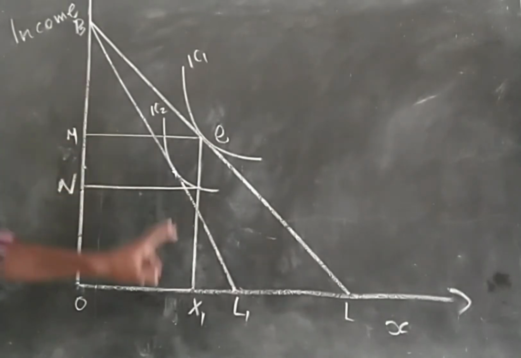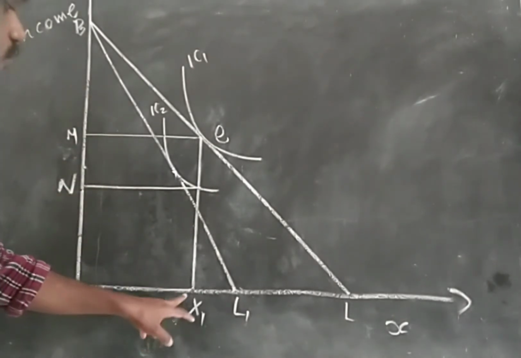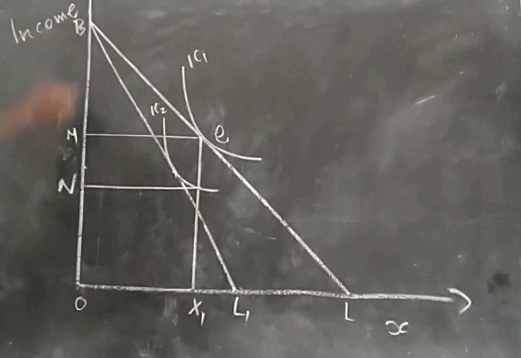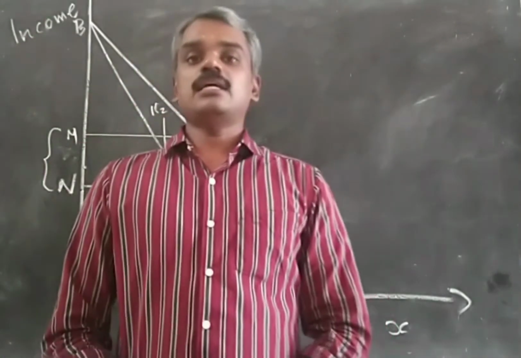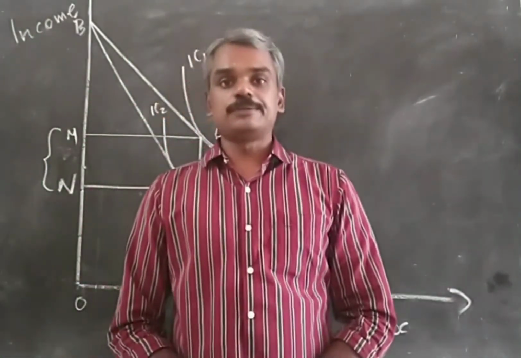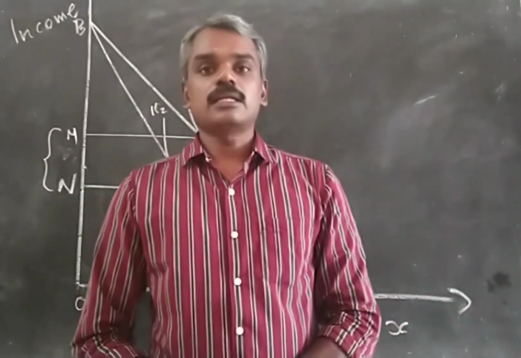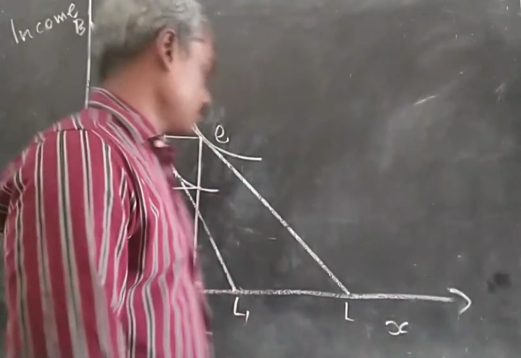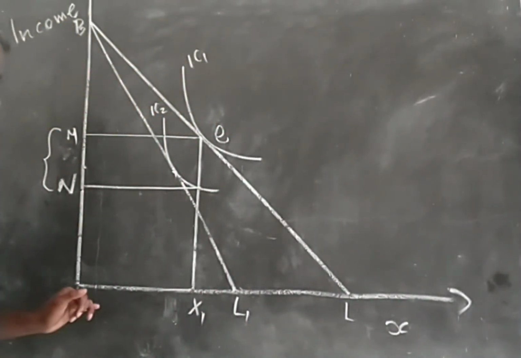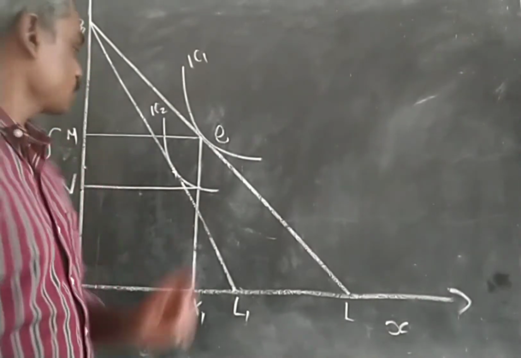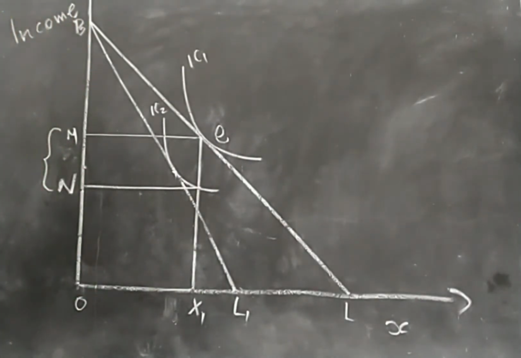Now, after the imposition of a tax, if he still wants to buy OX1, then he will be spending BN of his income. So this MN is the amount of tax that has been collected from the individual by imposing a certain percentage of tax on the commodity X. So MN is the lost income.